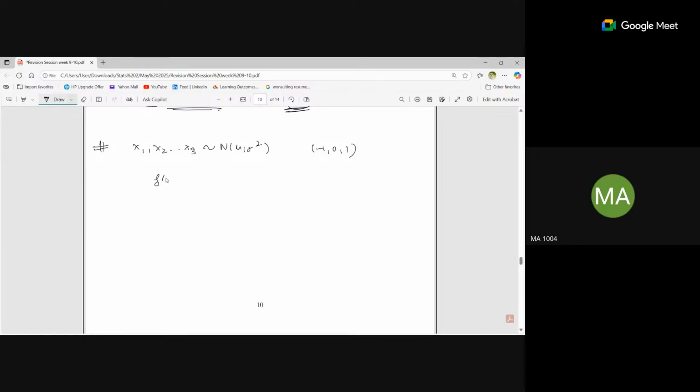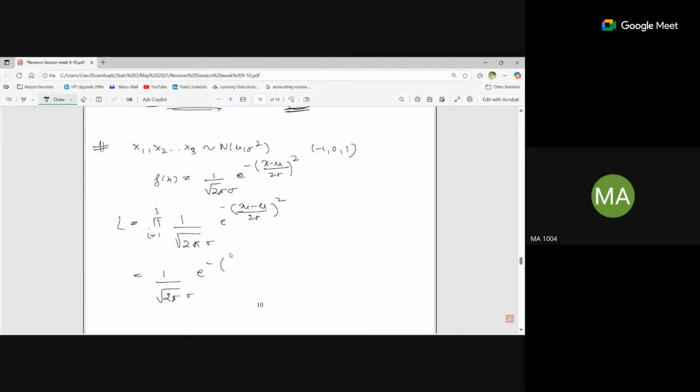So the PDF is 1 upon root 2 pi sigma, e raised to the power minus (x minus mu) whole square divided by 2 sigma square. So the likelihood would be the product for i going from 1 to 3 of 1 upon root 2 pi sigma, e raised to the power minus (x_i minus mu) whole square upon 2 sigma square. Now we put in the values.